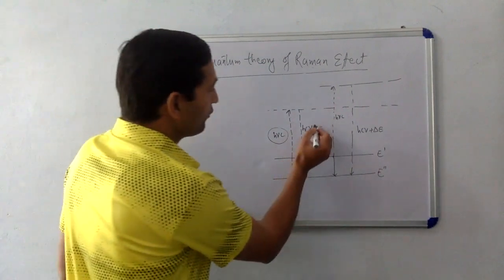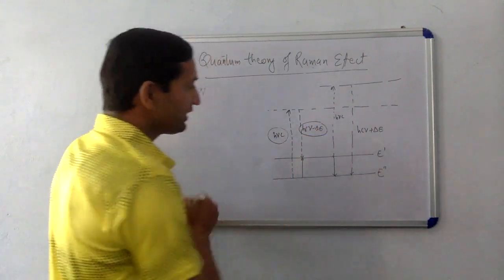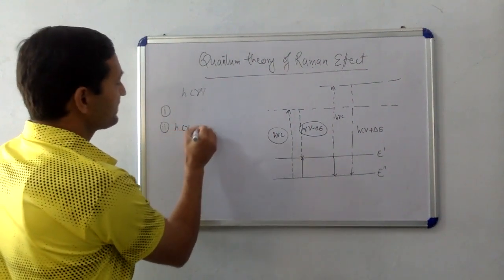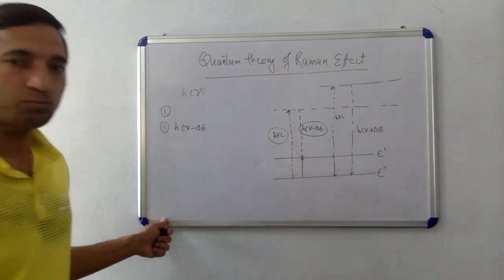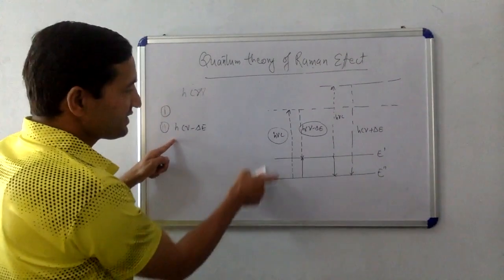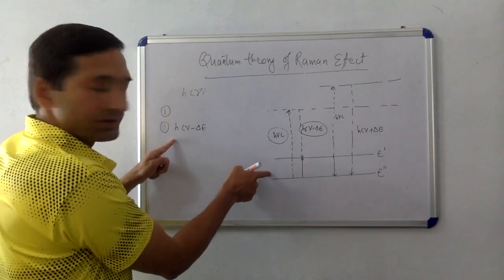So the energy of the scattered photon is hc nu minus delta E, which is obviously less than the incident photon.